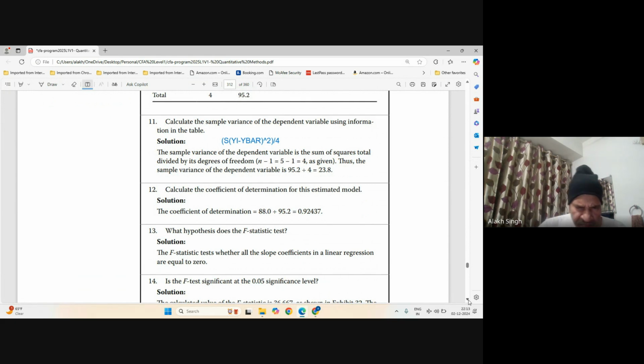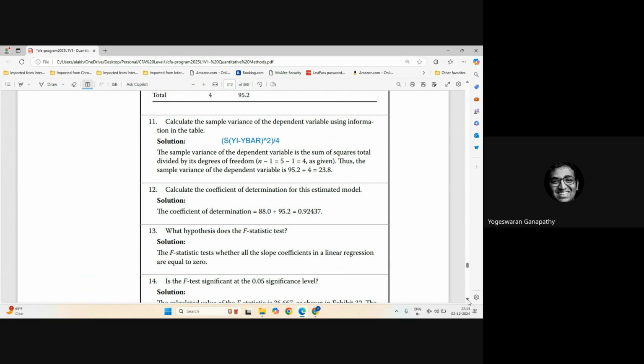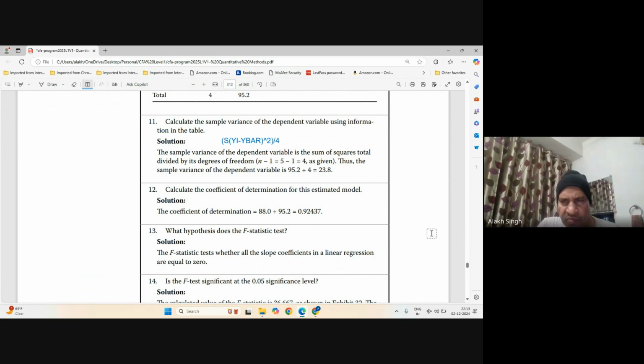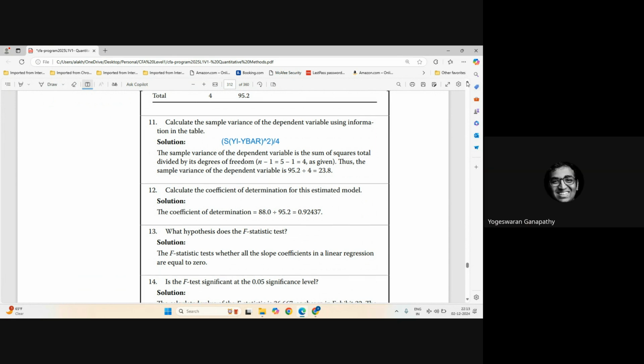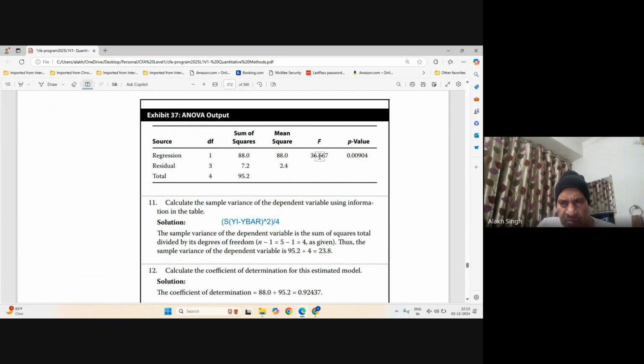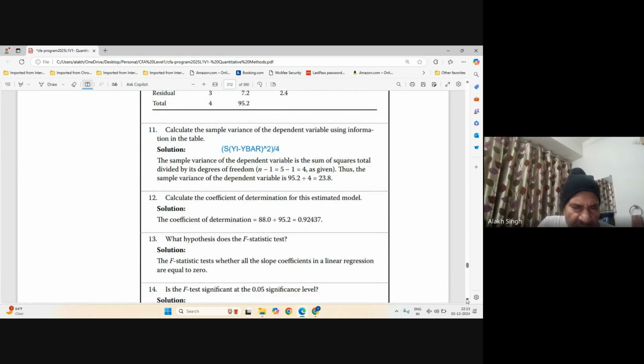What is your answer to question 14? We have F 36.67. So the P value is less than 0.05, so we reject. It is significant. Yes, very good.